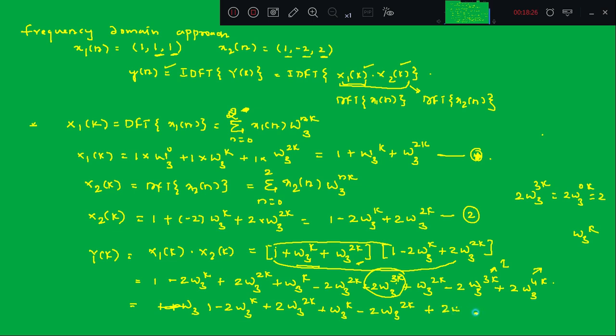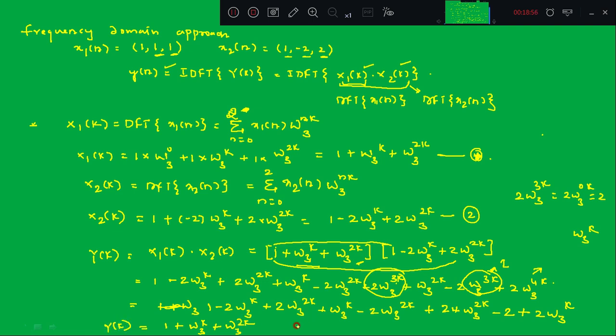Next W3^2k minus 2, because this value is 1, plus 2 times W3^4k, minus 1 is 3, so it is W3^k. So after that, after simplifying, you will get 1 plus W3 raised to k plus W3 raised to 2k, that is Y of k.